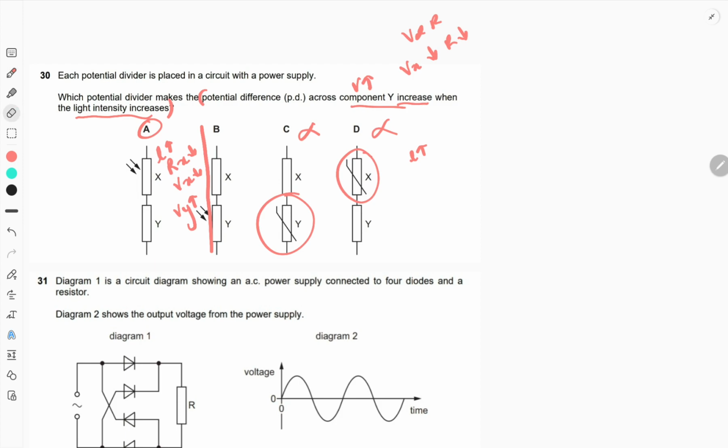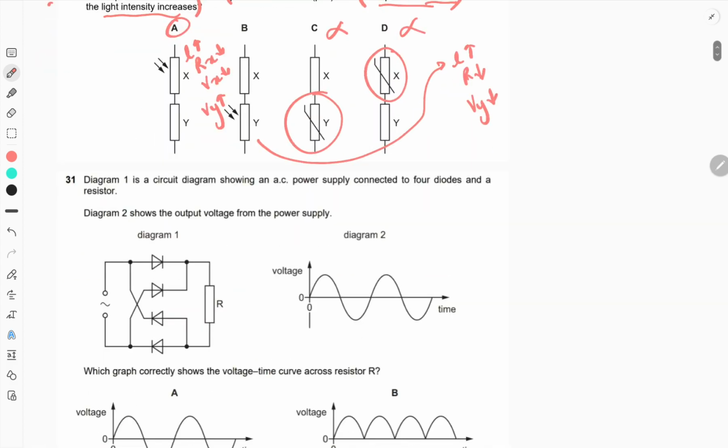If I go for B, again I use the same logic. If my light increases, I know the resistance decreases, which means now, because my LDR is at Y, voltage at Y will decrease, which is opposite to what is required. And thus my answer for 30 is going to be A.